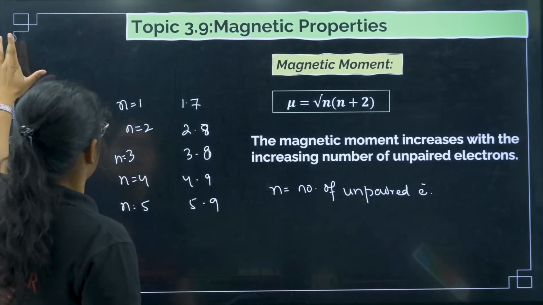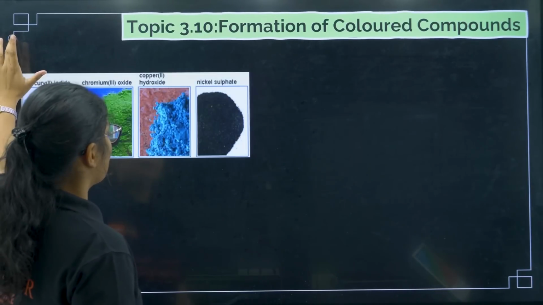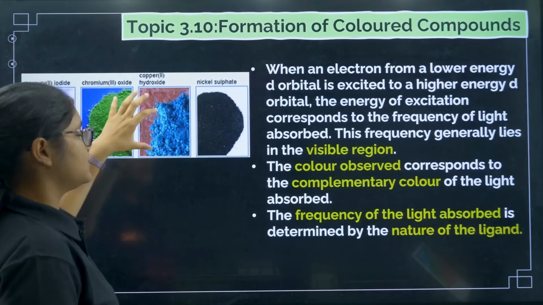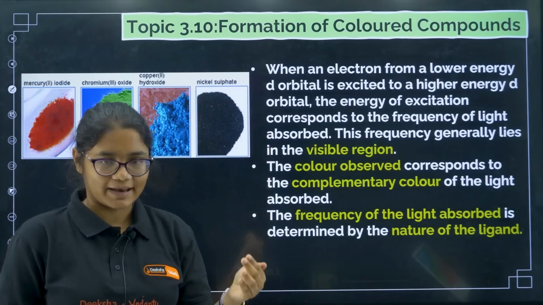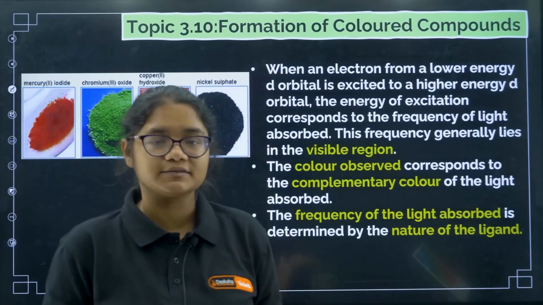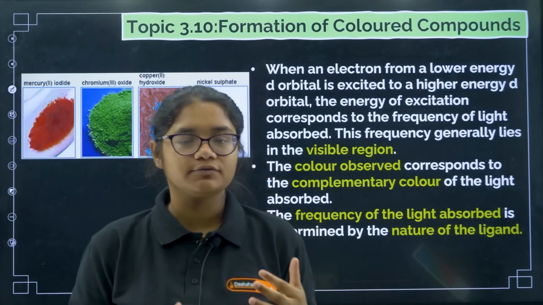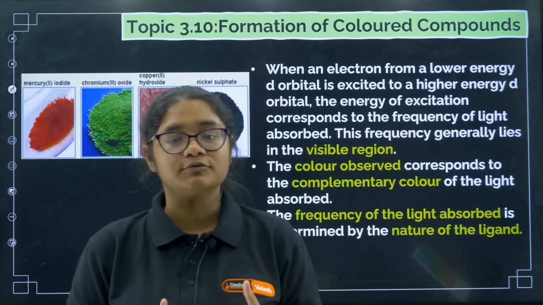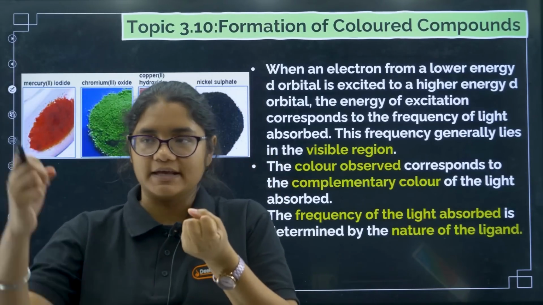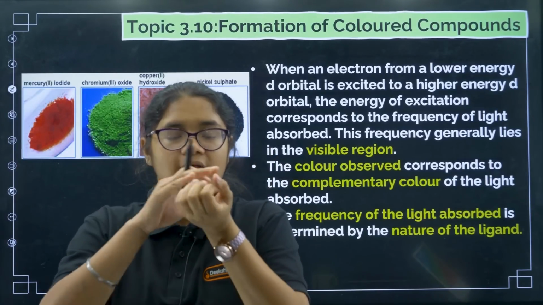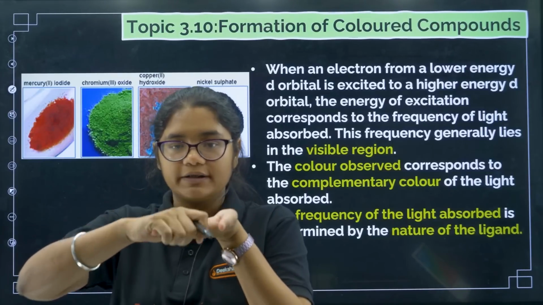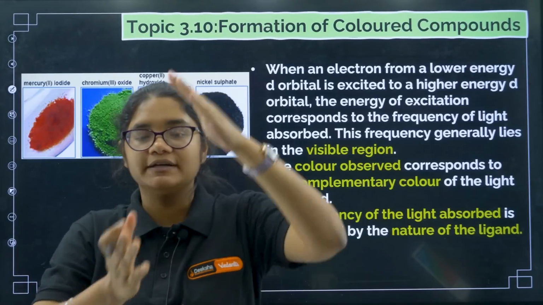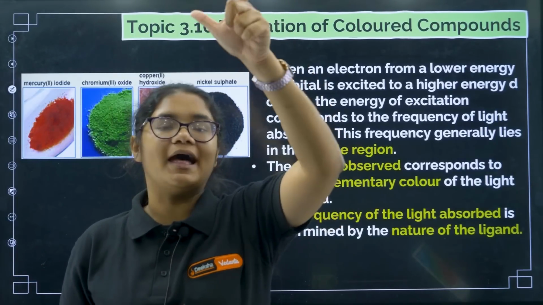Next we have colored compounds. Generally the d block elements form colored compounds, and that is because of d-d transition. We have already studied in coordination compounds what happens when a transition metal is there and ligands are approaching it. The d orbitals of this transition metal split into two parts, t2g and eg.